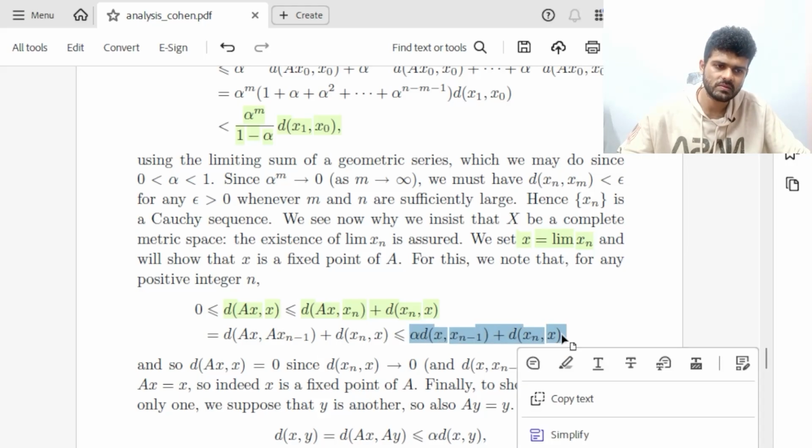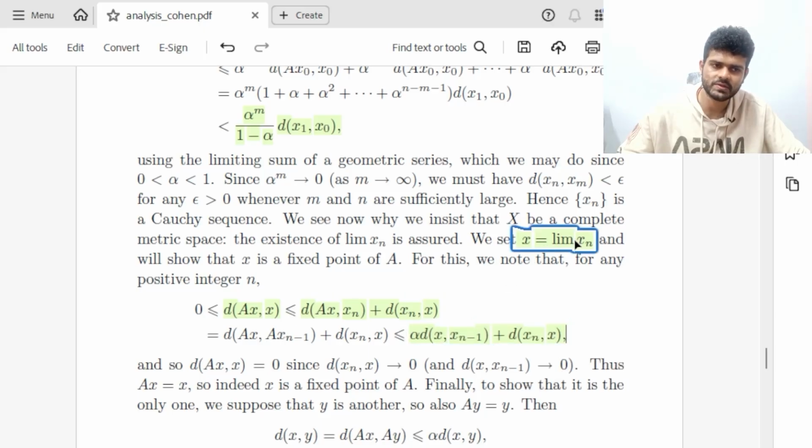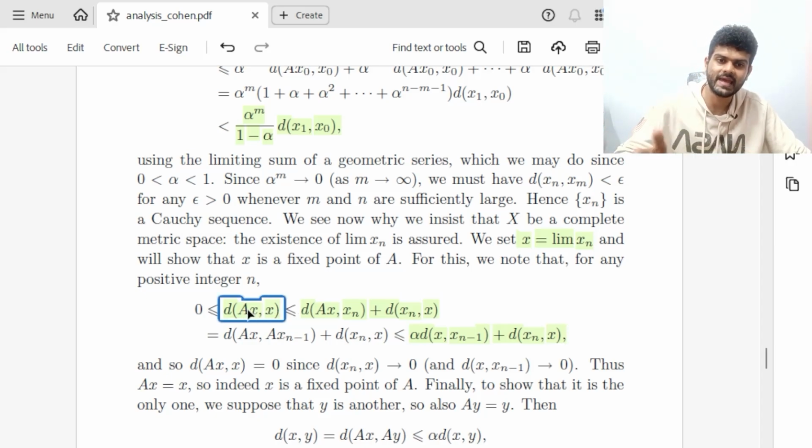The second term goes to 0 because xn tends to x. So the right hand side goes to 0, so the left hand side should be 0. The left hand side is independent of n, so it should definitely be 0. So the distance between Ax and x is 0, so Ax and x are the same point.